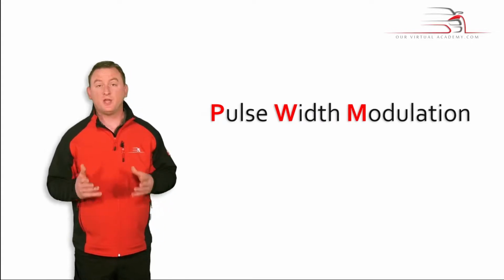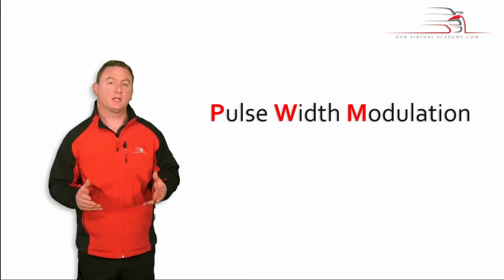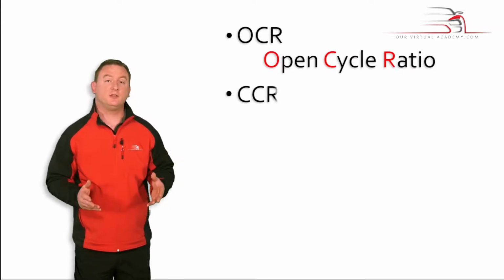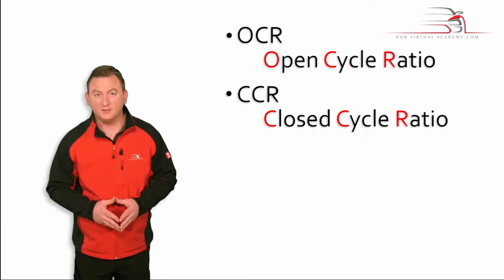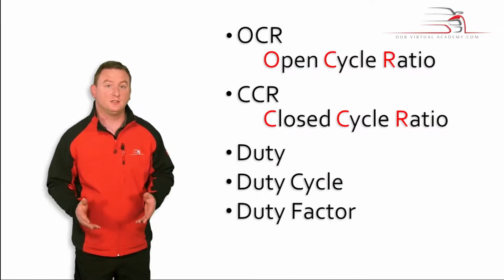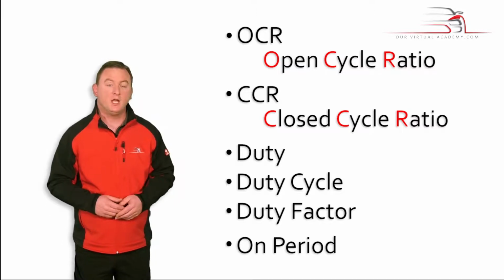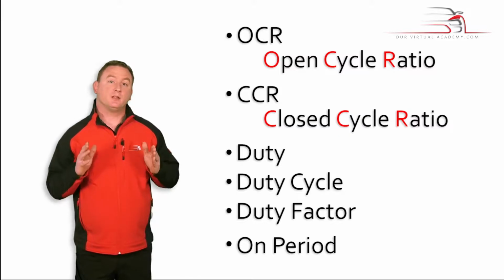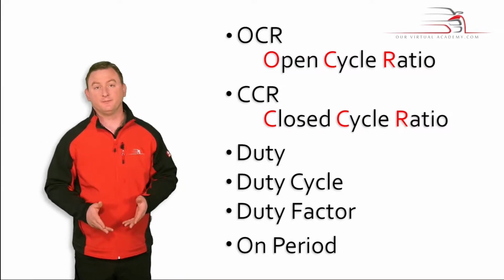Terms used as an alternative to PWM would include OCR, or Open Cycle Ratio, CCR, Closed Cycle Ratio, duty, duty cycle, duty factor, or on period. All of these terms are used throughout the industry, but as a whole they mean the same thing, PWM.